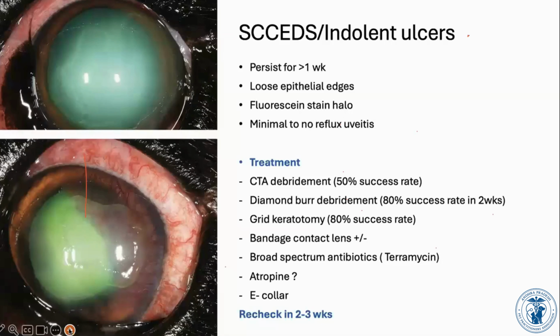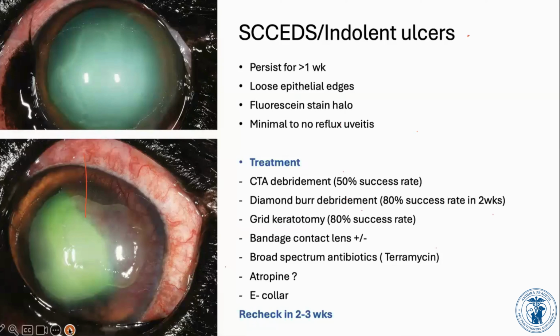What all vets can do at their clinics is first CTA debridement. Of course, you have to start with a broad spectrum antibiotic eye drop, and if pain is there and the pet is in a lot of discomfort, we have to start atropine or an e-collar, all those things. But it won't give you a proper result unless you debride these ulcers.